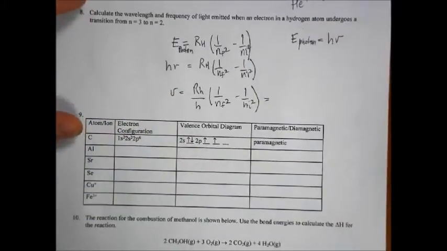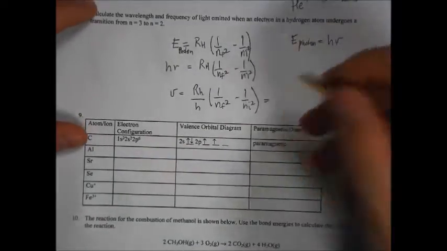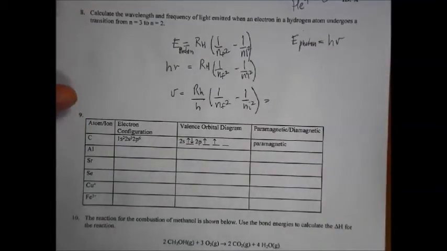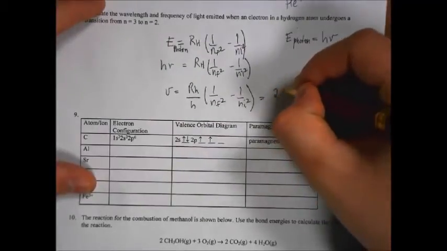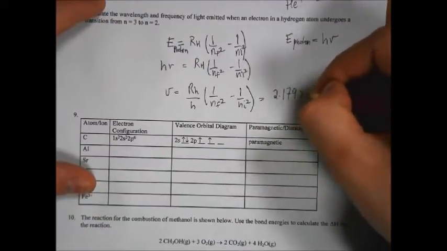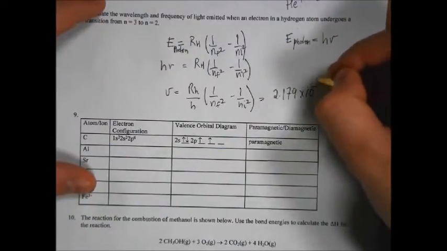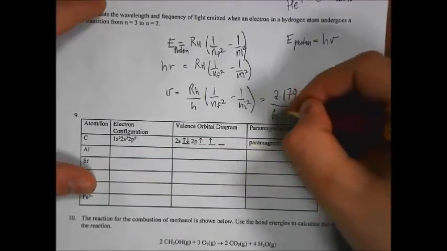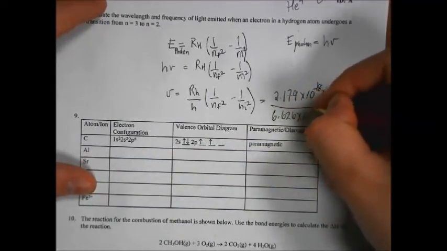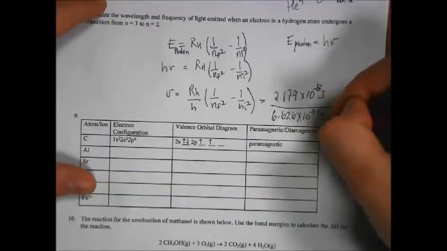The Rydberg constant is 2.179 times 10 to the minus 18th joules. I remember it. And Planck's constant is 6.626 times 10 to the minus 34th joule seconds.